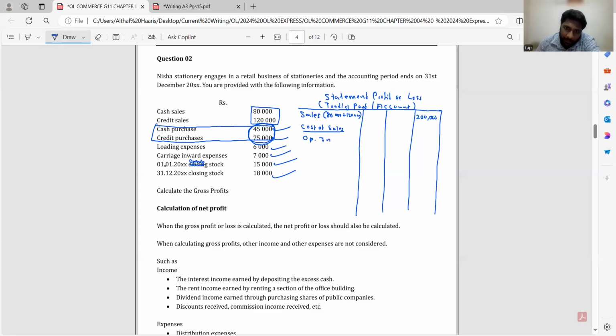Opening inventory 15,000. Purchases, 45 plus 75 both.